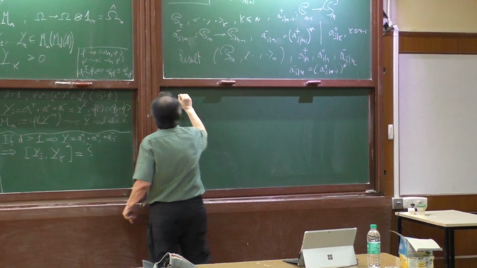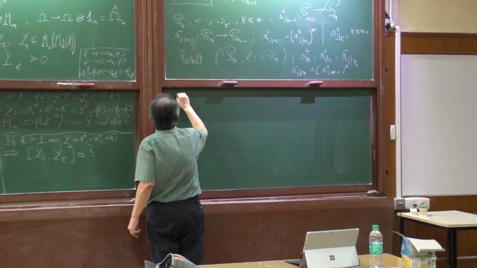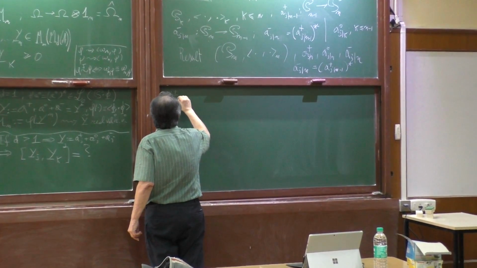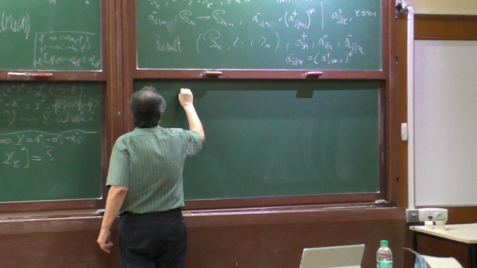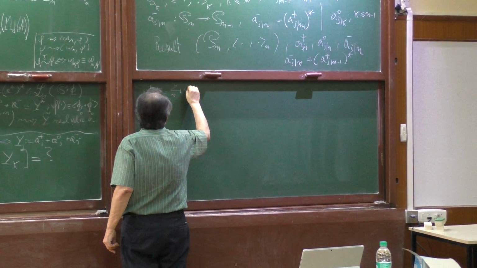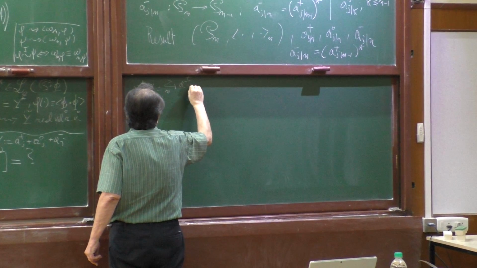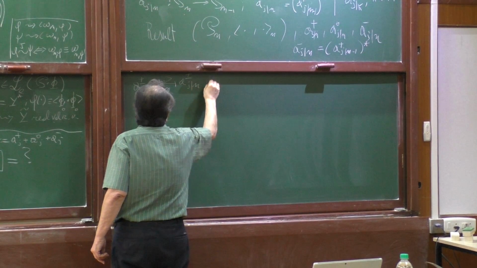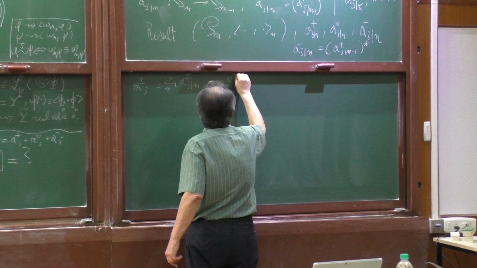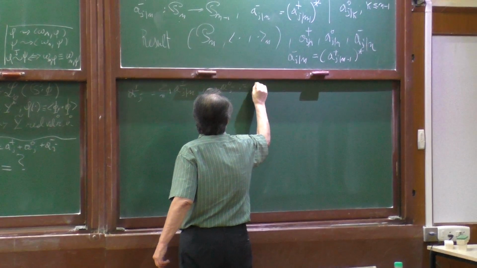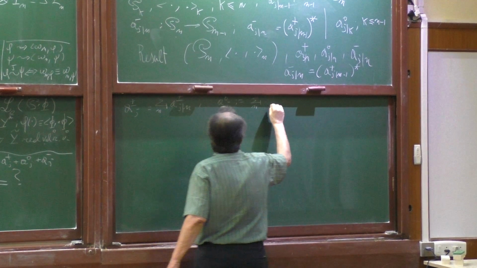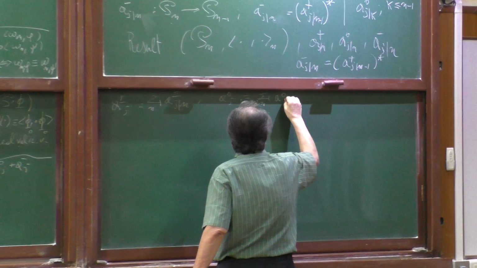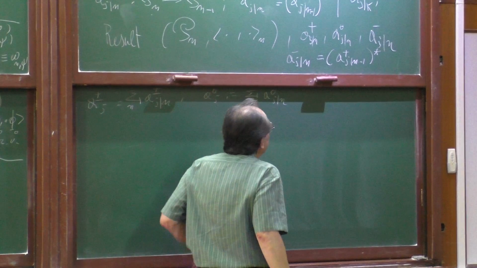Once you have this, you define A plus minus j as the sum over n of the A plus minus j restricted to n, and you define A0 j as the sum over n of A0 j restricted to n.